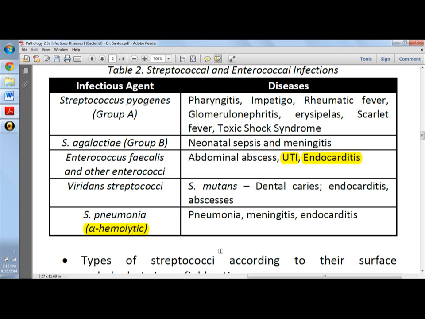So this S. pneumoniae is actually the most common cause of community-acquired pneumonia and meningitis in adults. So very important, most common cause of community-acquired pneumonia, S. pneumoniae. The most common cause of adult meningitis, strep pneumoniae.